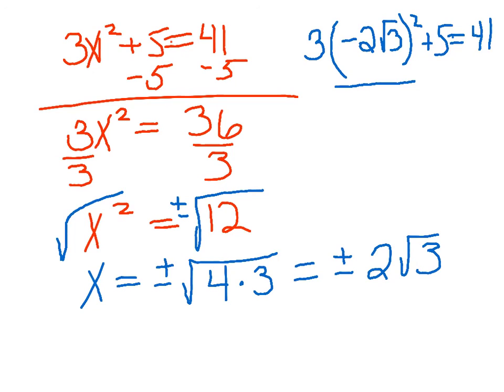So I have two answers. It can either be the positive version or it can be the negative version here. So it's really important to get both of those answers. So one more time, if you draw the square root sign on both sides of the equation to solve, you have to put a plus minus in front of it.